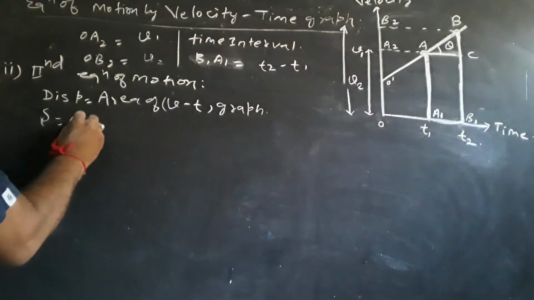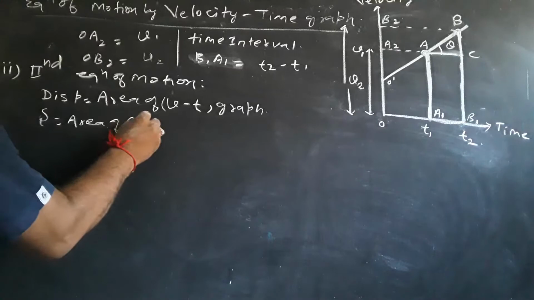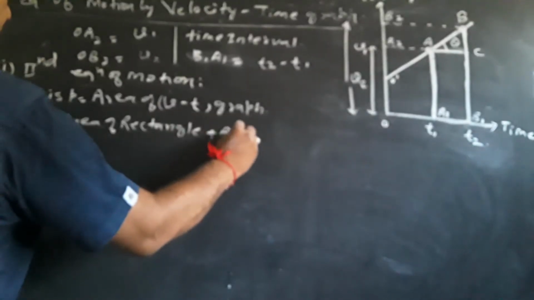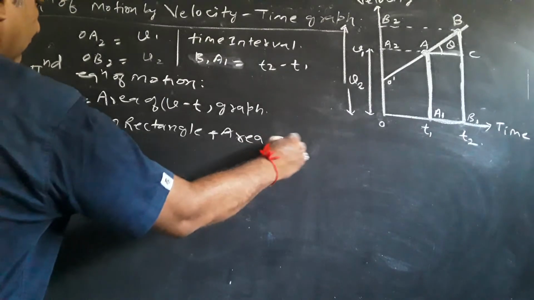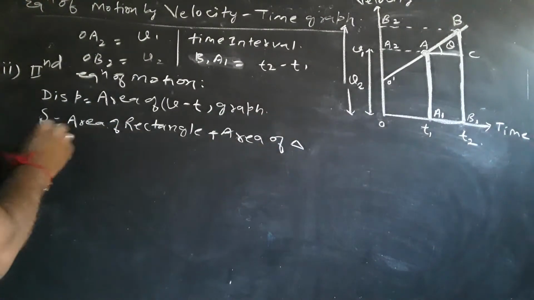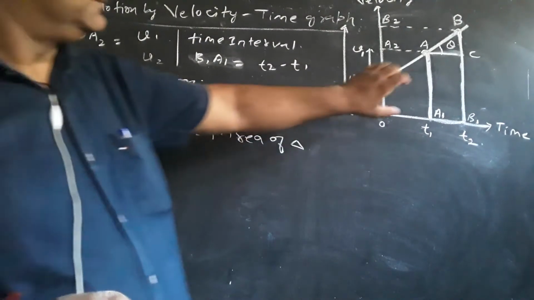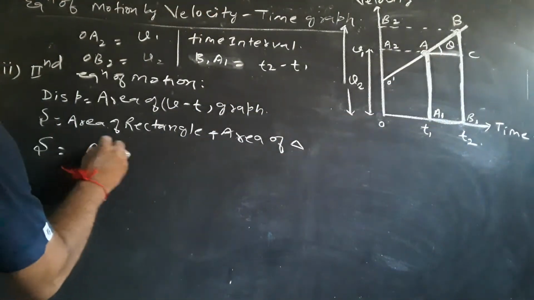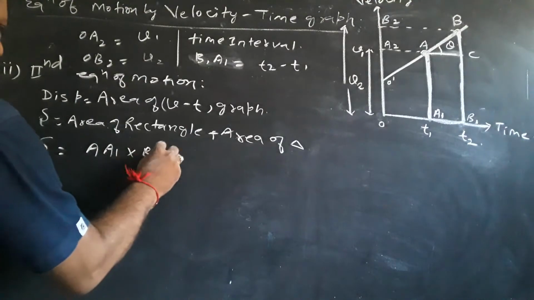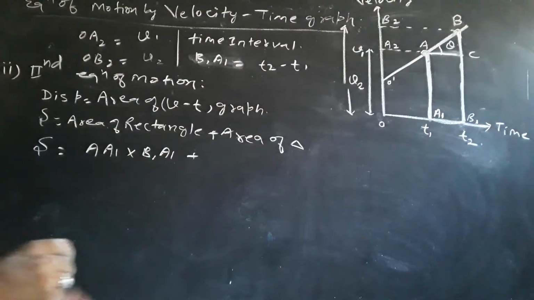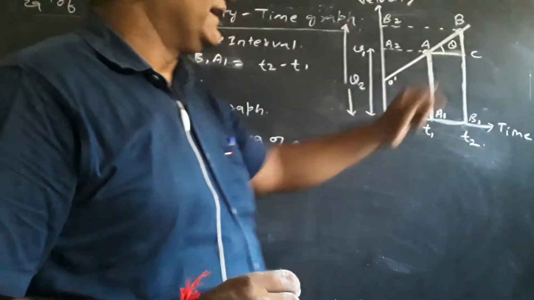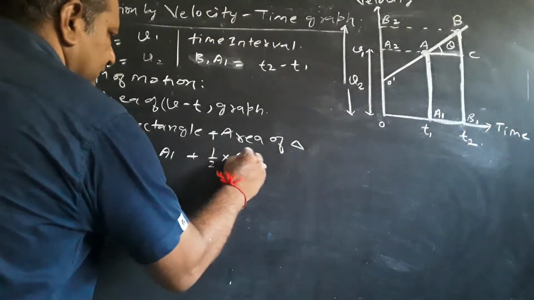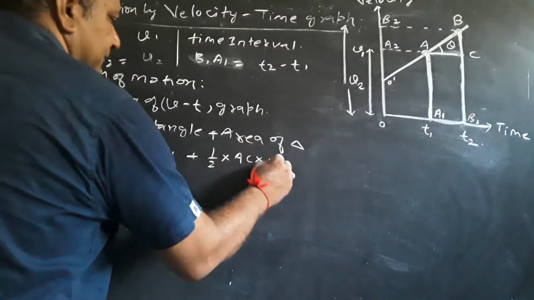Area of rectangle plus area of triangle. Area of rectangle is length into breadth, this is AA1 into B1A1, plus area of a triangle, half into base into height, half into base AC into height BC.